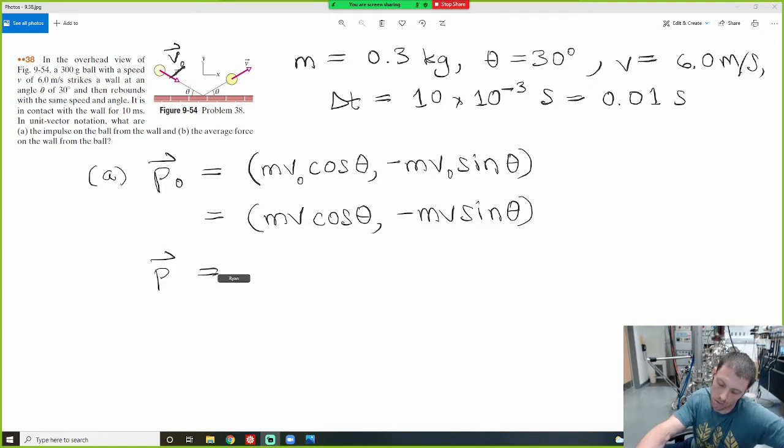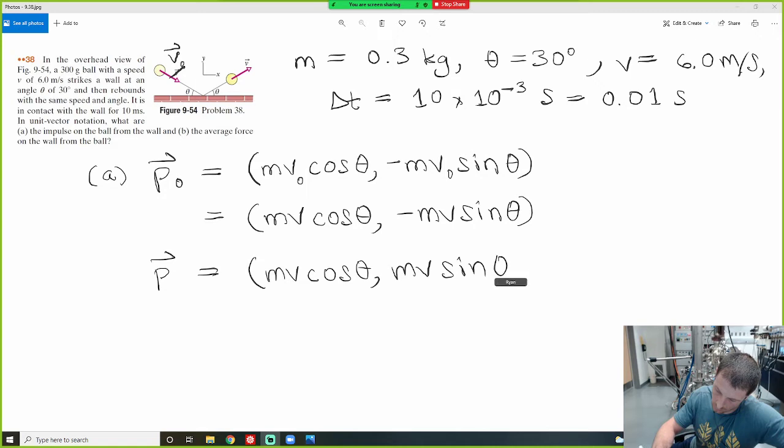And this should look very similar because the x component doesn't change. So we can just write mv cosine theta again. But now the y component flips sign, right? So it should be positive mv sine theta.